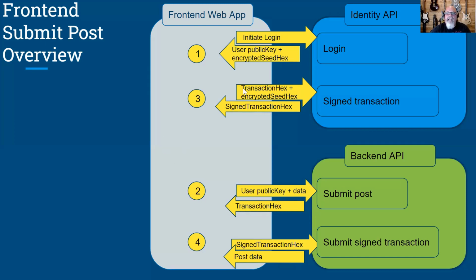Next, we would take that transaction hex and the encrypted seed hex that we had already got from logging in and send it to the Identity API to sign the transaction, and then it would send back a signed transaction hex. And then we go down here and we send that signed transaction hex to the backend API, and then it sends back the data that got posted just so we can confirm that it all went fine.